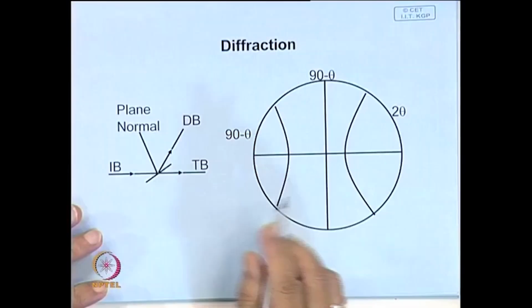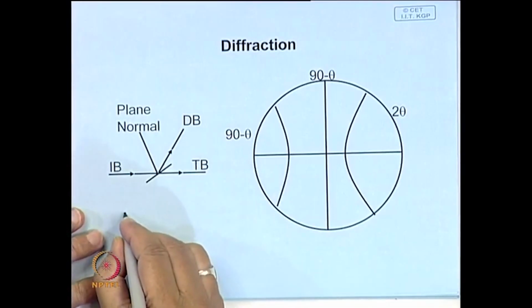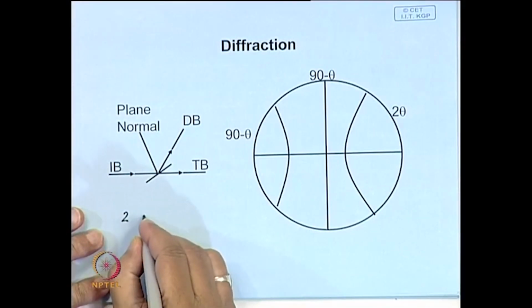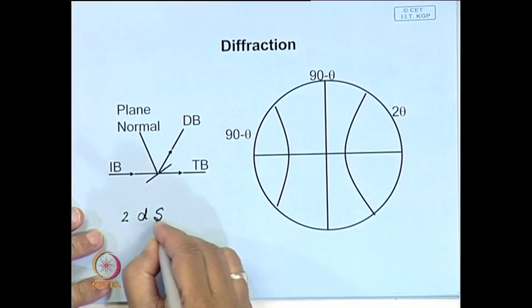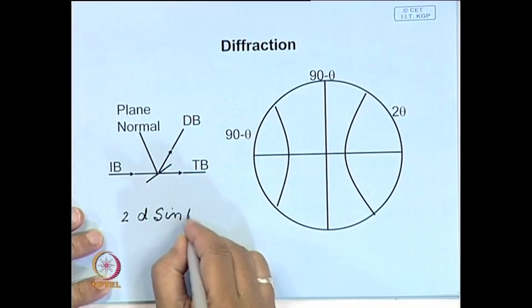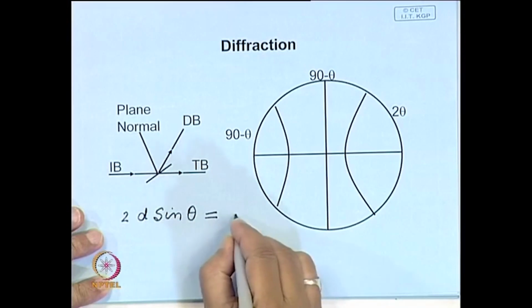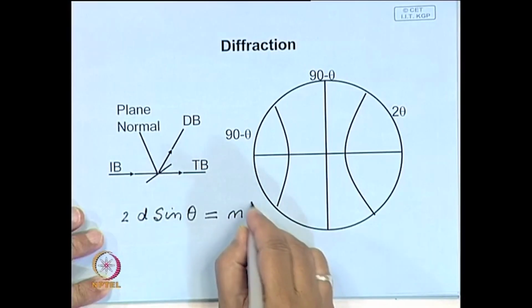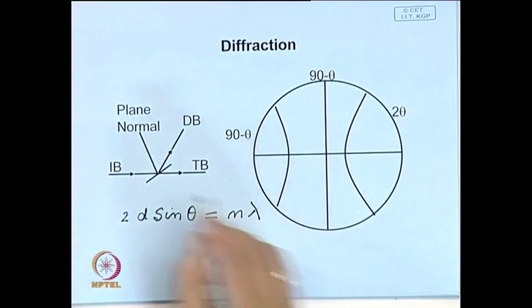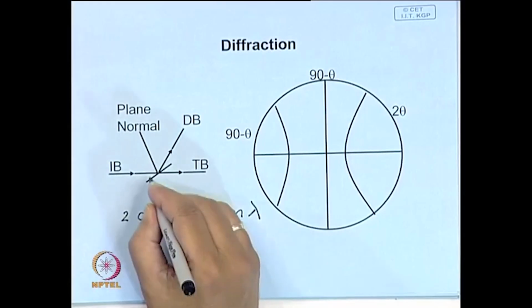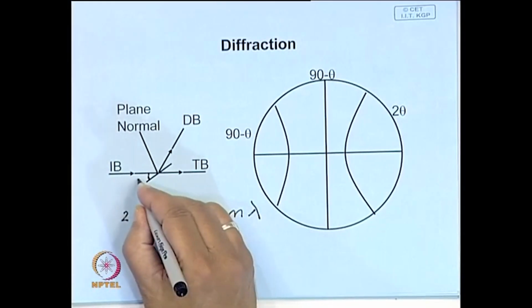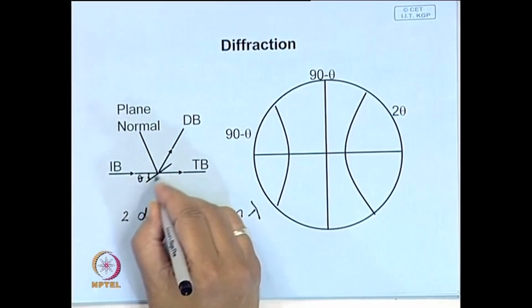Now, X-ray diffraction, or diffraction of any electromagnetic wave, is guided by Bragg's law, which is stated as 2 d sin theta equal to n lambda. Here theta is the angle of the incident beam on a reflecting plane.